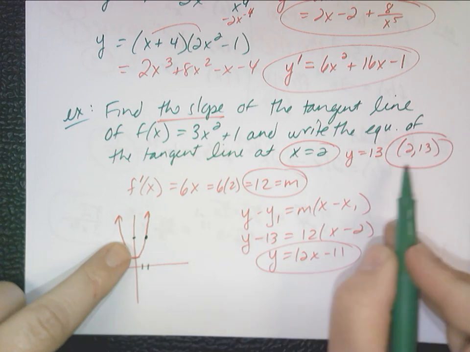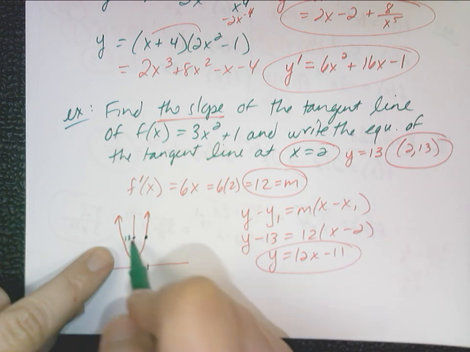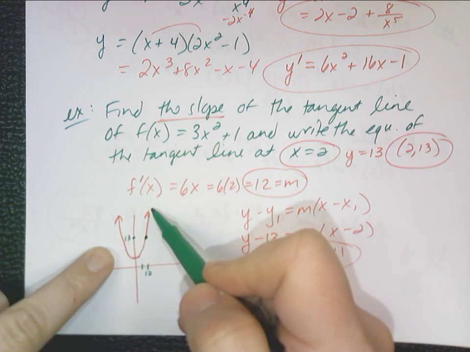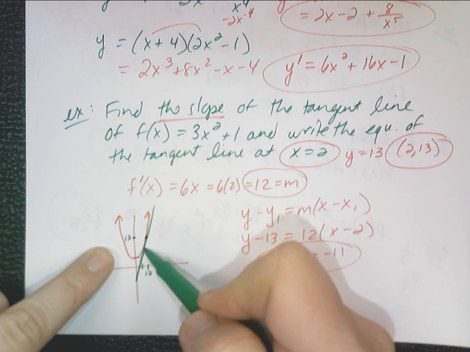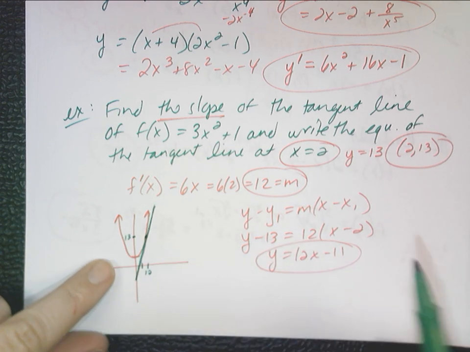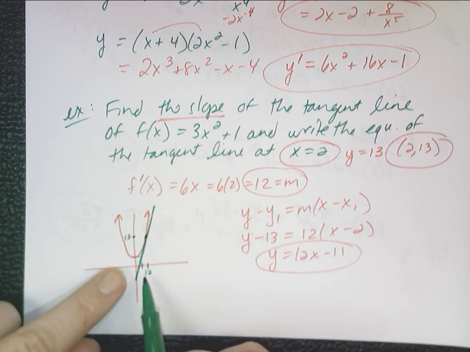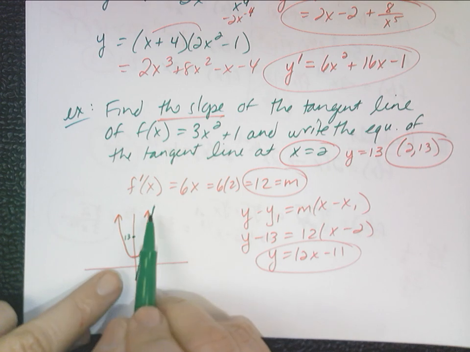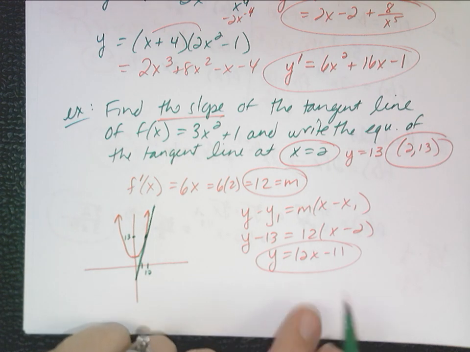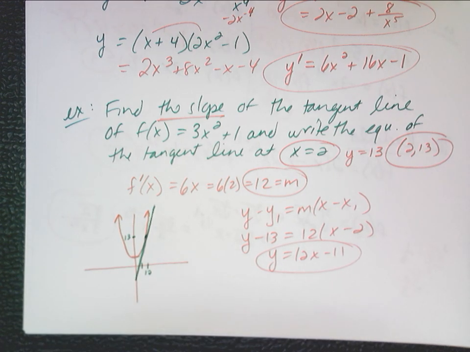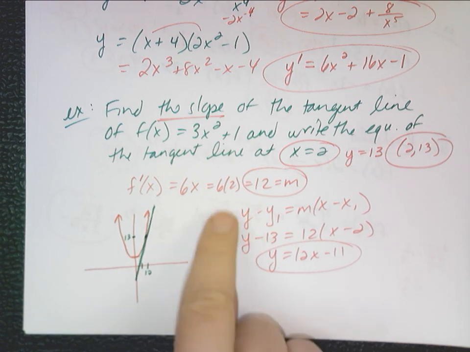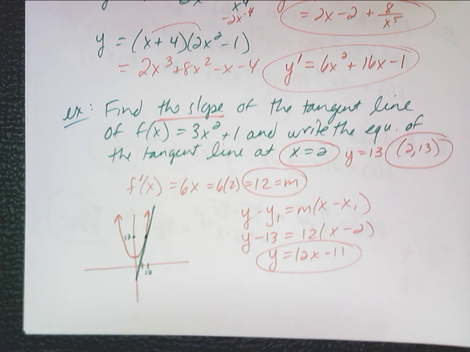What's that y value? 13. And if you were to draw a tangent line, it would go like this. And the slope of that tangent line is 12. And the equation of that line is 12x minus 11. And that's what you have just done. You have found the instantaneous rate now at the point 2. You can do this now to any point. You can use that formula right now to find it at any point.